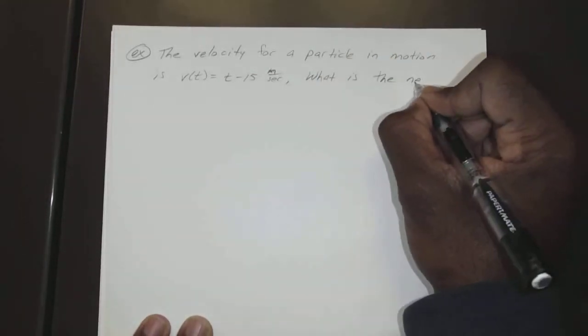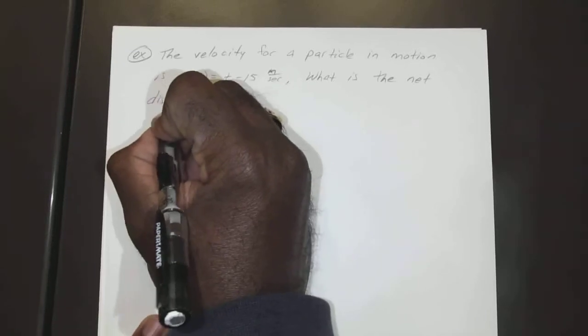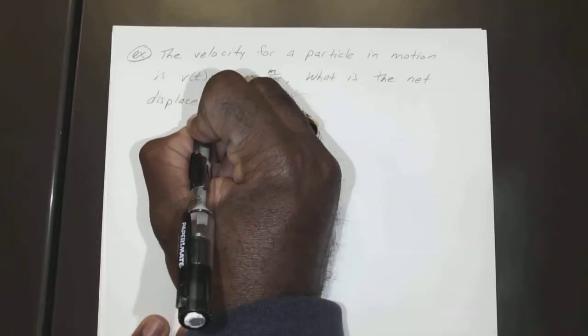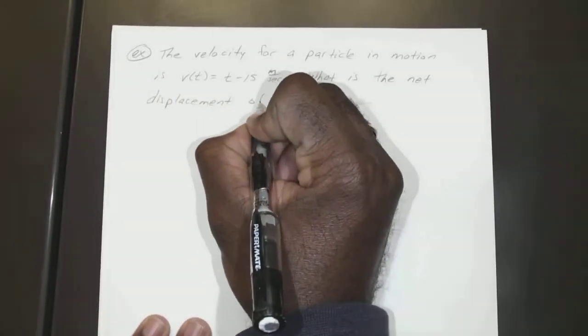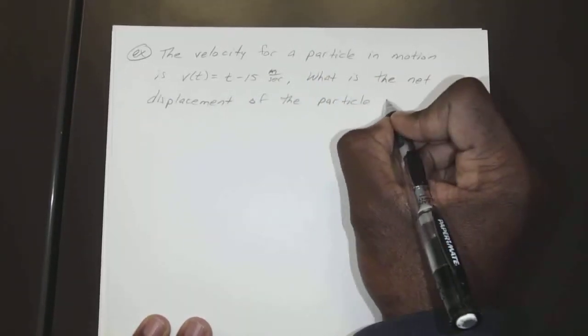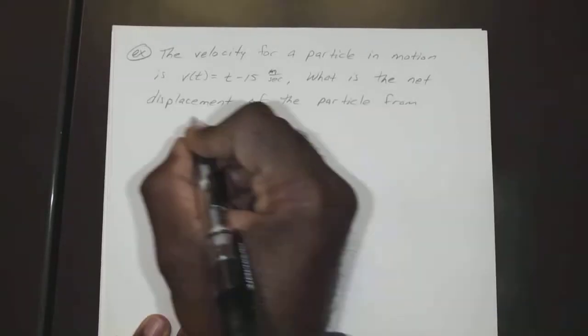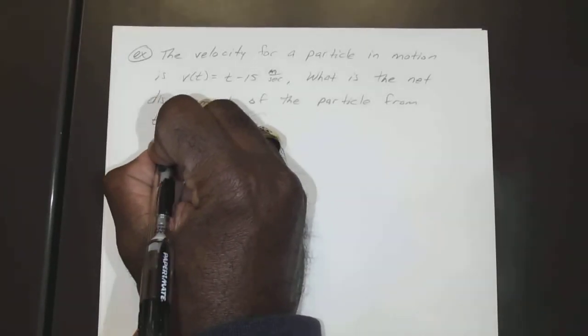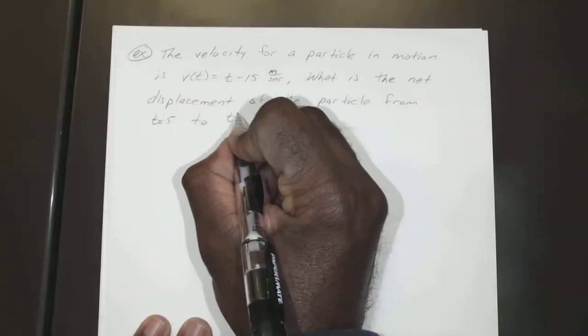What is the net displacement of the particle from t equals 5 to t equals 9?